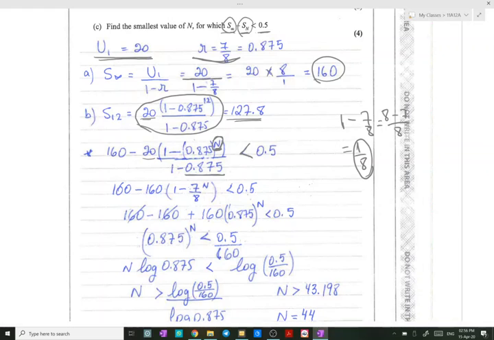In this case here, we start to use algebra. So we have to multiply or expand. So 160 minus 160 times 1 minus 7 over 8 to the n is less than 0.5.